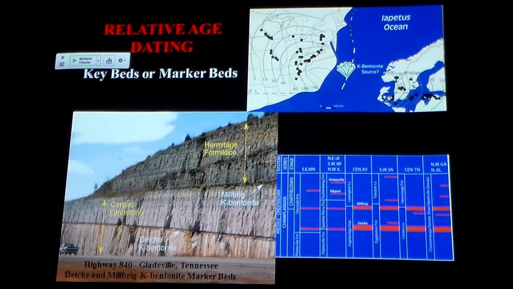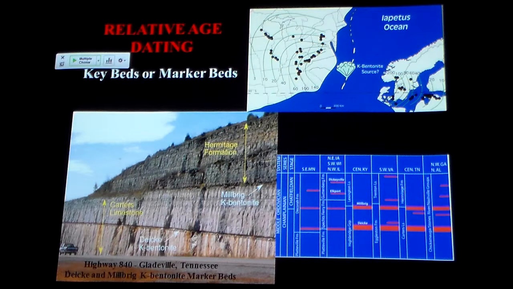Here's an even cooler part. When we go over to Scandinavia, to England, all the way into Russia and Germany, we see the same two marker beds. Whoa. That's a big area.